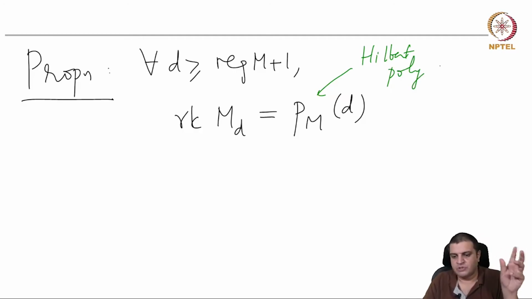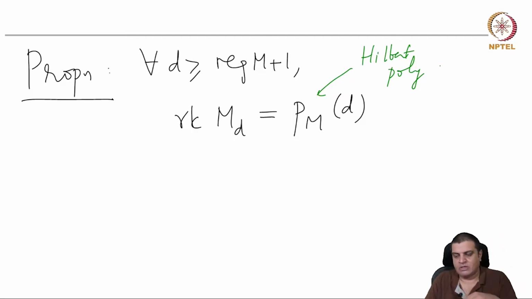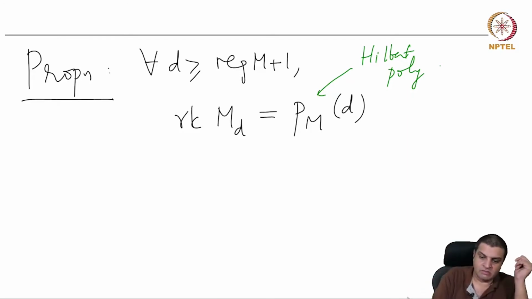So the difference between the Hilbert function and the Hilbert polynomial will occur before it attains the regularity. After it attains regularity, it will be given by the polynomial. So this is one place where, if you knew the regularity, then from regularity plus 1 onwards we know what the Hilbert function is, just by looking at the Hilbert polynomial. Okay, so we'll prove this.